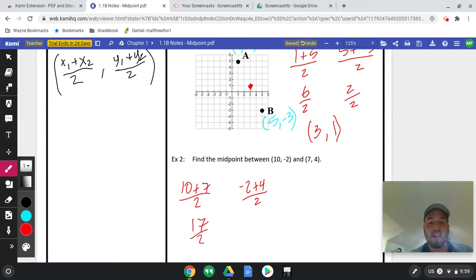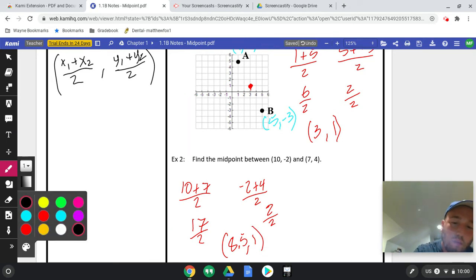Some of you might be thinking, that's a decimal. That's okay. We don't know that it's always going to come out perfectly for us. If you do that on the calculator, you'll get 8.5. And over here, negative 2 plus 4 will give us 2, and 2 over 2 is the same as 1. So right down there at the bottom, we got our answer of 8.5, 1.